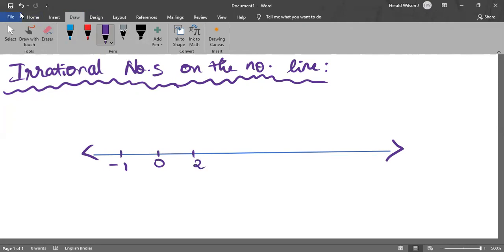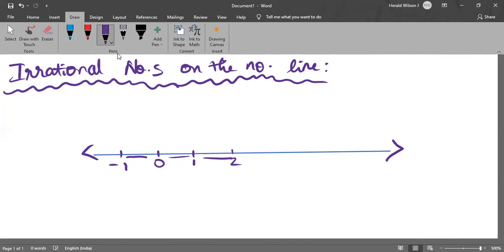Sorry, I'm writing 2 instead of 1. Great. So 1, 2. 2 is enough. Till 2 it's fine. You leave the space, or you construct accordingly. And obviously all these spaces must be 1 unit gap. Understand? Should be 1 unit. All the units which you are putting, like -1, -2, 0, 1, 2, 3, 4, everything.